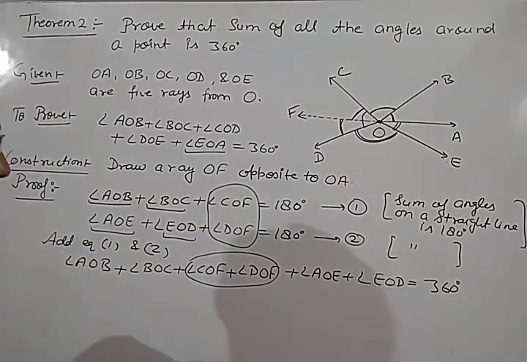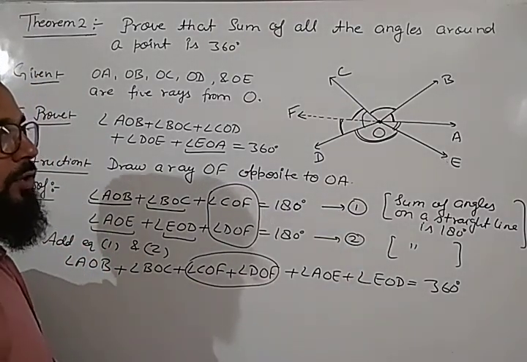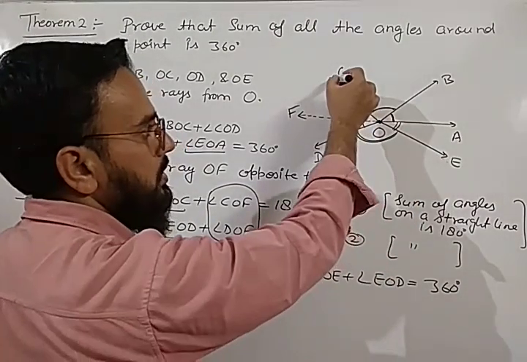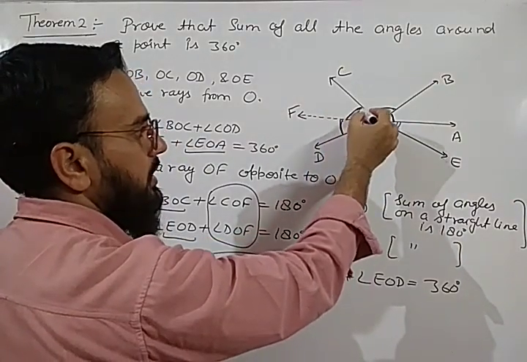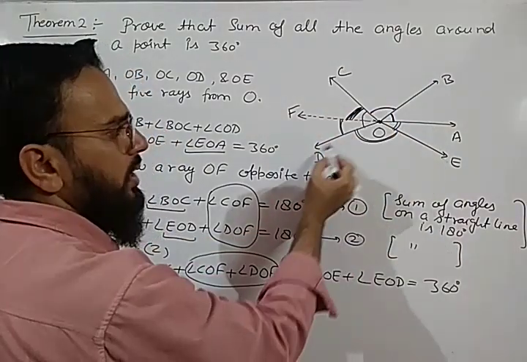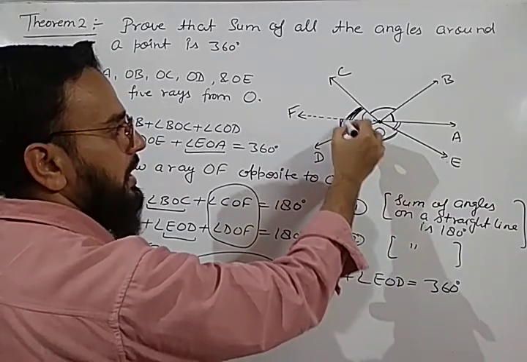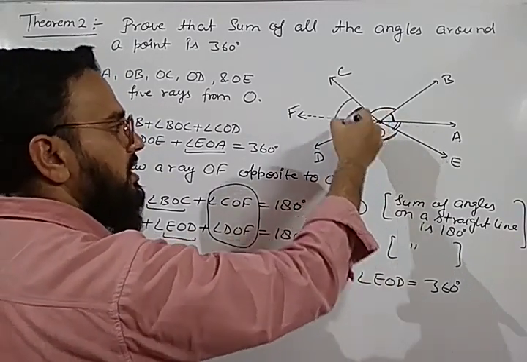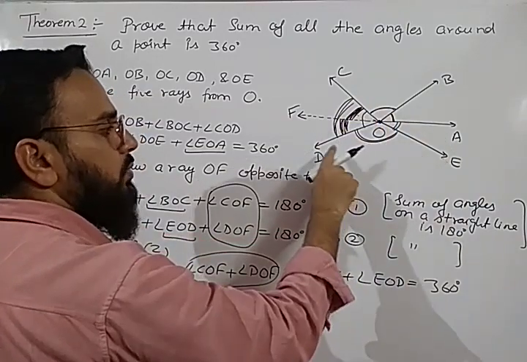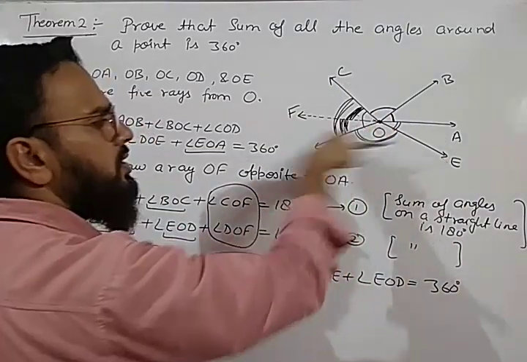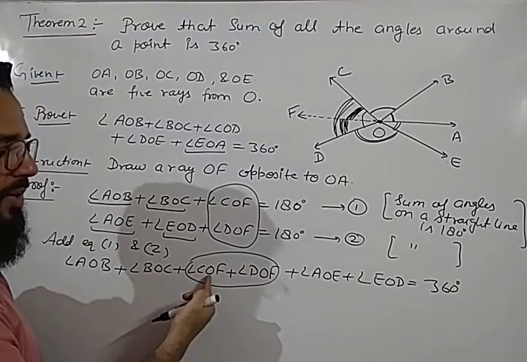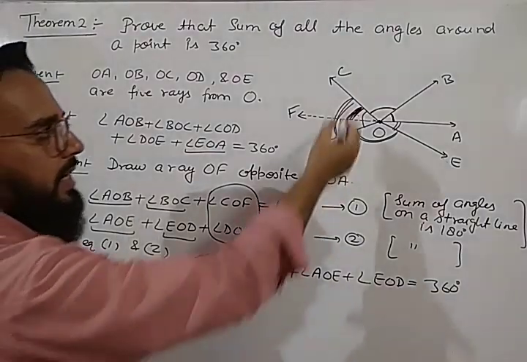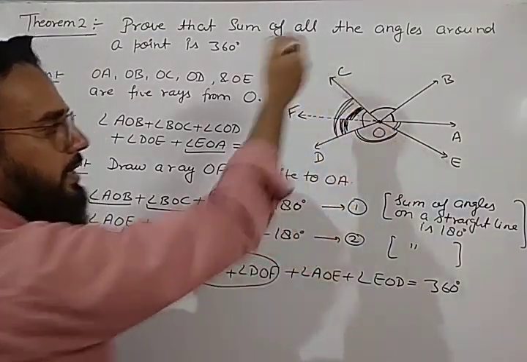Now if we see here, angle COF plus angle DOF. What is angle COF? This is our angle COF. And what is DOF? This is angle DOF. So if we add these two angles, then we will obtain this complete angle, which is equal to angle DOC or COD. It means in place of COF plus DOF, we can write angle COD or angle DOC.